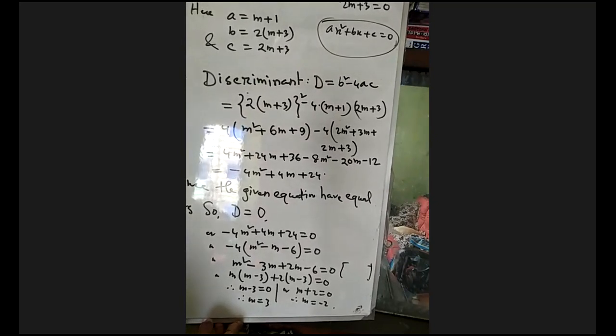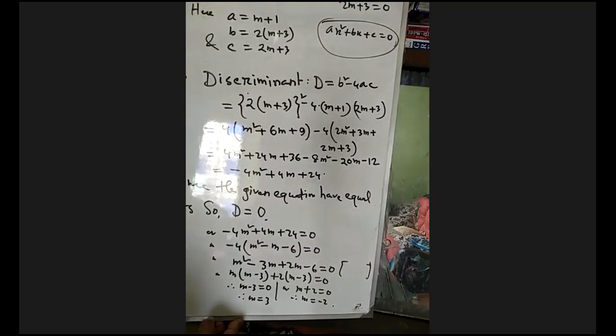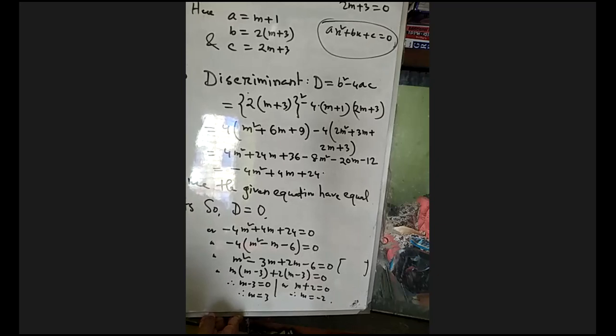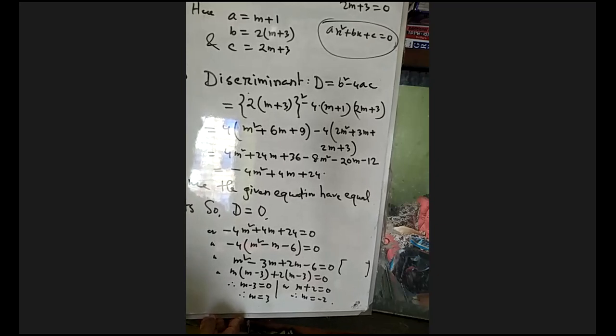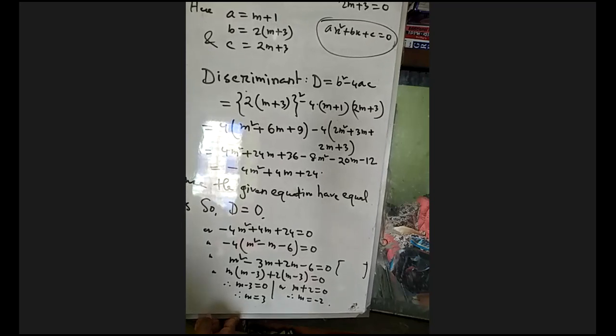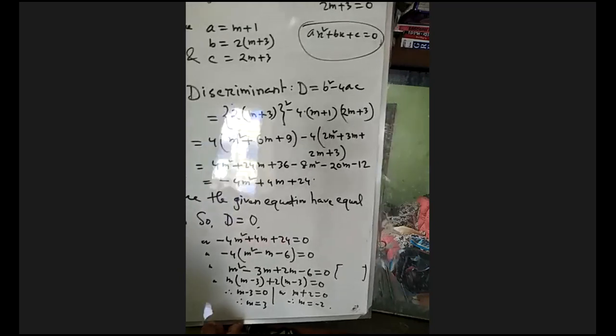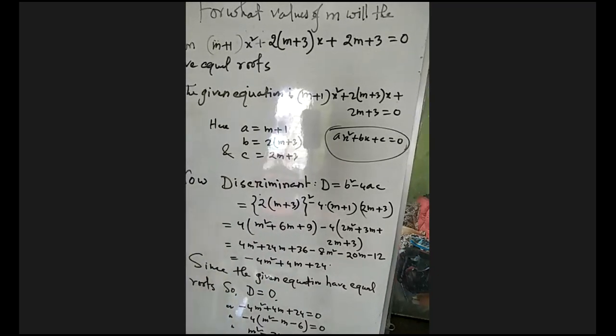Minus 4m² plus 4m plus 24 equals 0, and minus 4 common, then m² minus m minus 6 equals 0. So making the middle term factors, then solving for m, we get m equals 3 or m equals minus 2. These two are the required values of m. So this is the result for this.